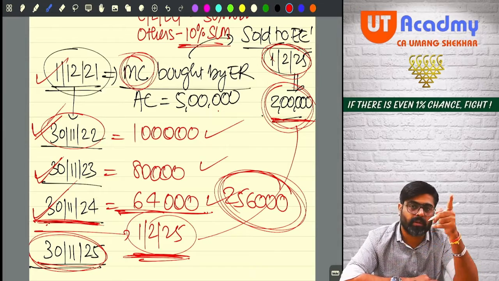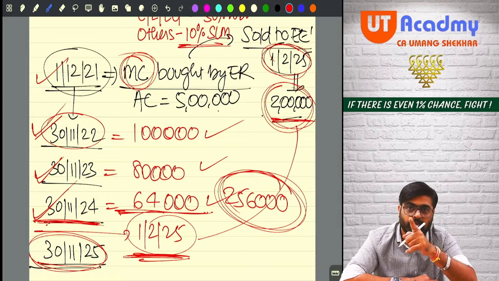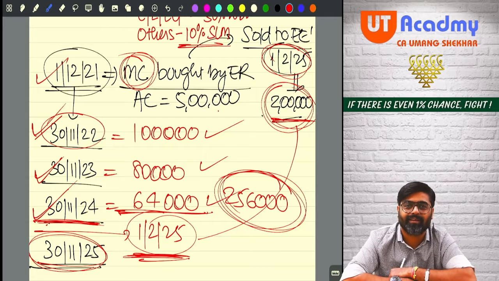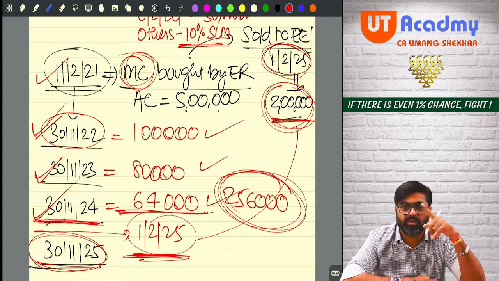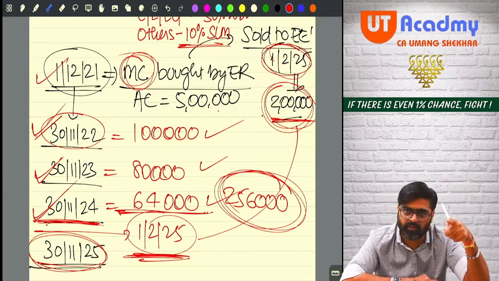What if it was a computer, laptop or electronic gadget? 50% WDV each year. Now start doing 50% WDV. Tell me, first year 2,50,000, second year 1,25,000, and third year 62,500. First year, 50% of 5 lakhs is 2,50,000, reduce. 2,50,000 will be the WDV.